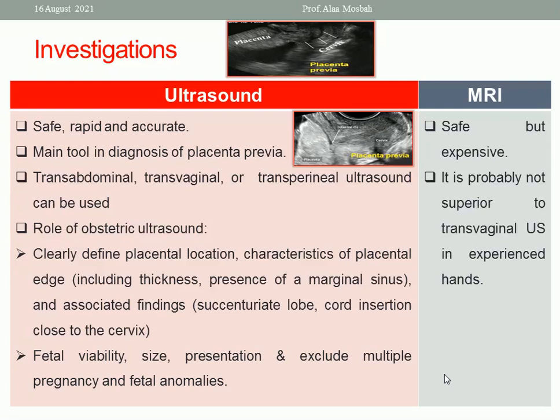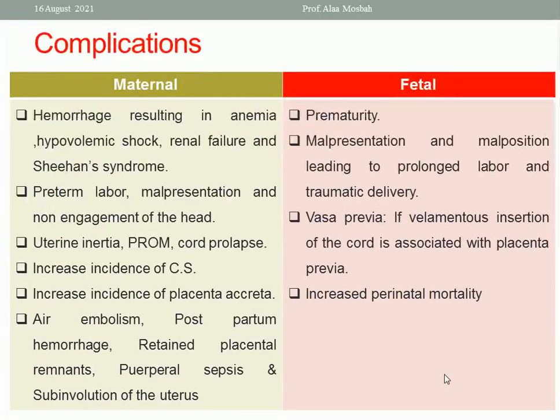So ultrasound is a very important diagnostic tool for all causes of antepartum hemorrhage, either placenta previa, placental abruption, or vasa previa. Okay, what are the complications of placenta previa, maternal and fetal? Maternal hemorrhage, which may be severe enough to cause shock, renal failure, and Sheehan syndrome.